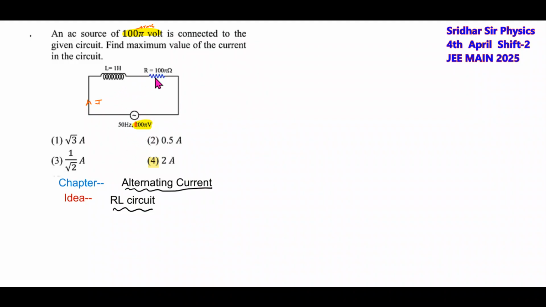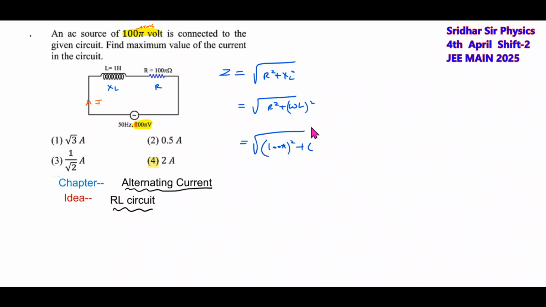Now we have to calculate the maximum current. Here the inductive reactance is XL, and the resistance is R. Then the impedance of the circuit will be root of R square plus XL square, where XL is omega L. R square plus 100 pi whole square.